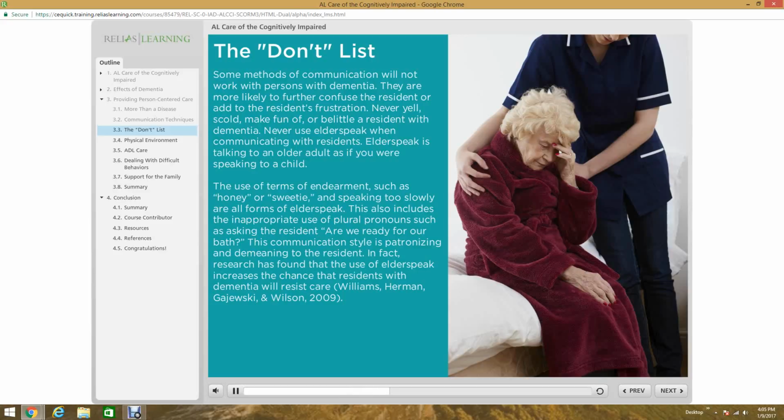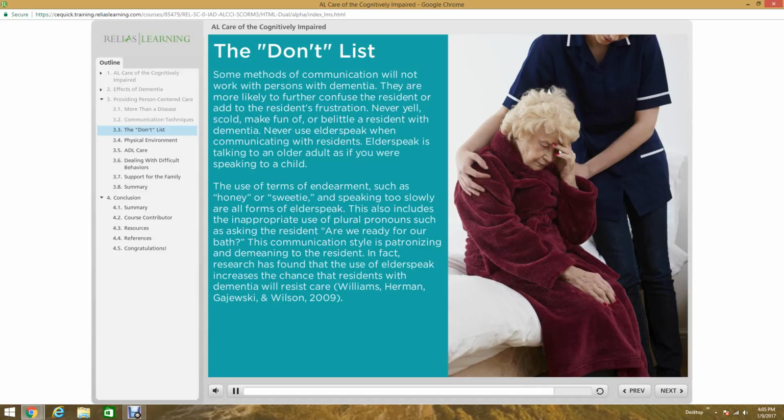Elder speak is talking to an older adult as if you were speaking to a child. The use of terms of endearment such as honey or sweetie and speaking too slowly are all forms of elder speak. This also includes the inappropriate use of plural pronouns such as asking the resident, "Are we ready for our bath?" This communication style is patronizing and demeaning to the resident.